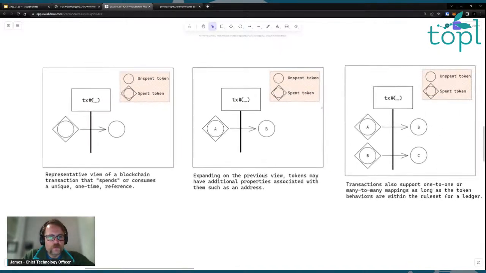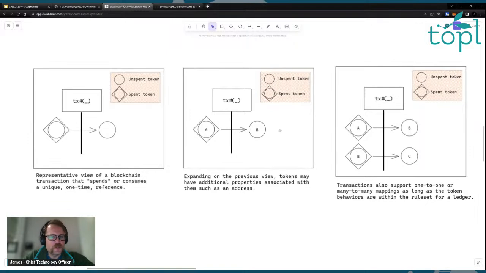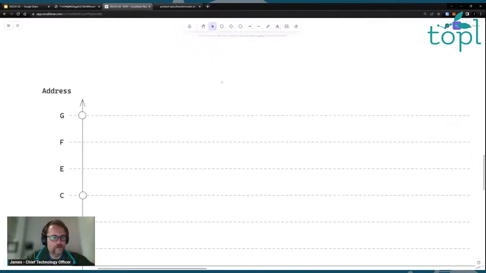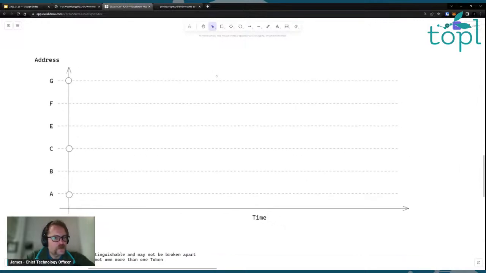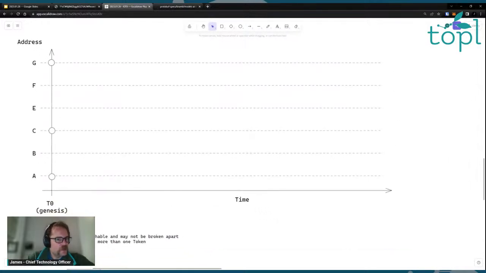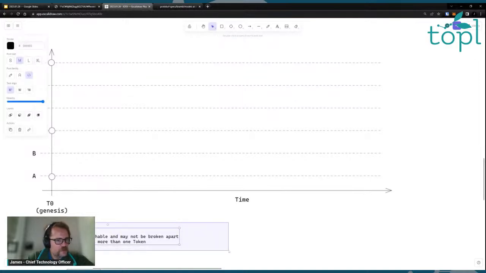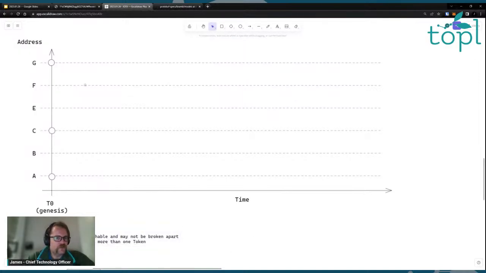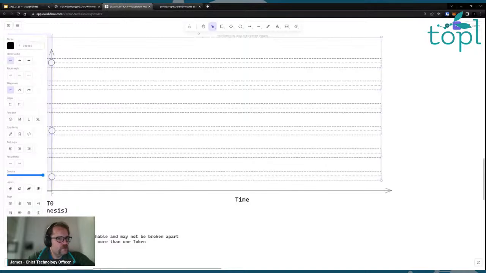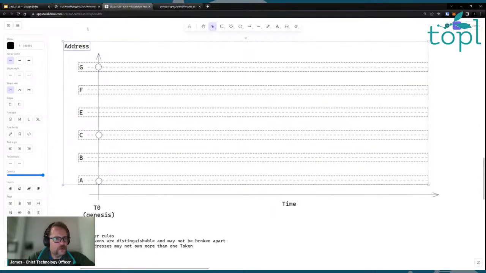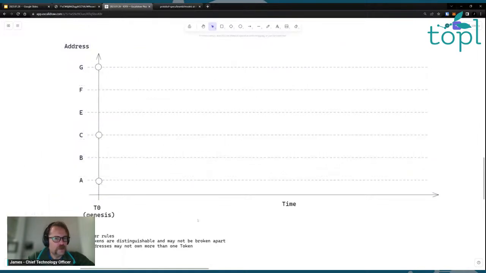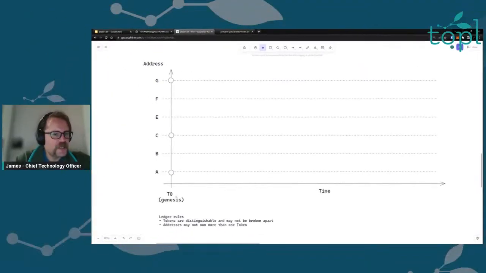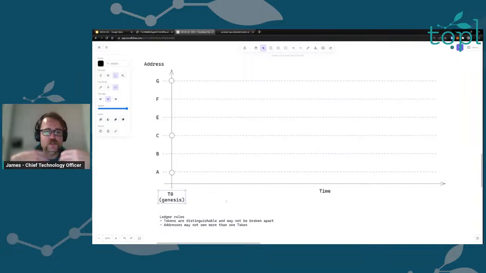Okay, so this is kind of the representative view of what transactions are. So let's go see what we can do with them. Maybe it's a little hard to see, but down here, this is just a graph. Here I just have some addresses, A through G. And at t equals 0, which is Genesis, that's just the time when I start the blockchain.